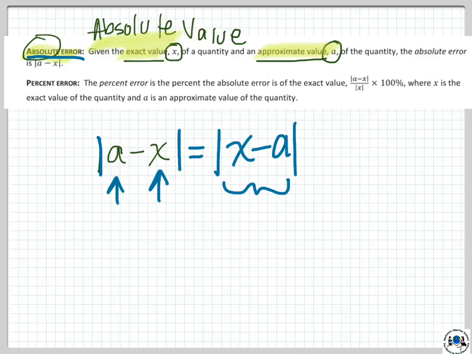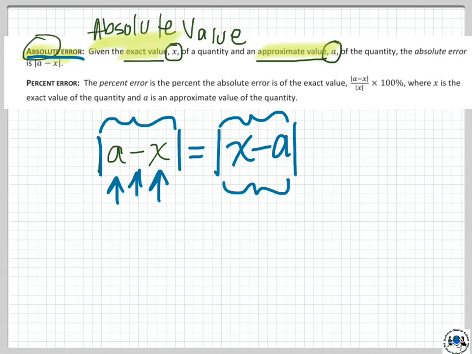As we mentioned early on in Module 1, this subtraction, this difference, is actually the length, the distance between them. So the distance between a and x is going to be the same as the distance between x and a. It's just that in this occasion, a minus x might give you a negative value, and x minus a might give you a positive value.